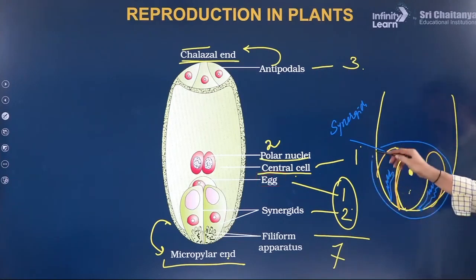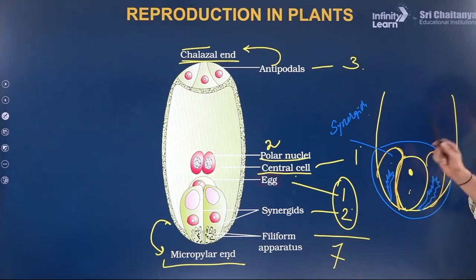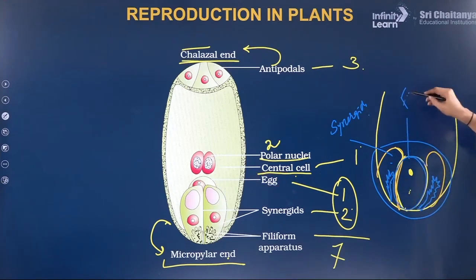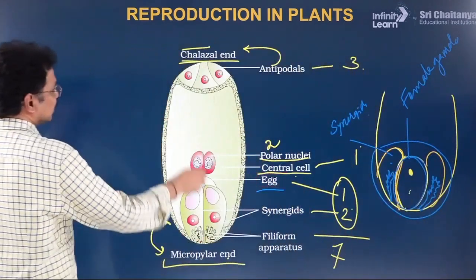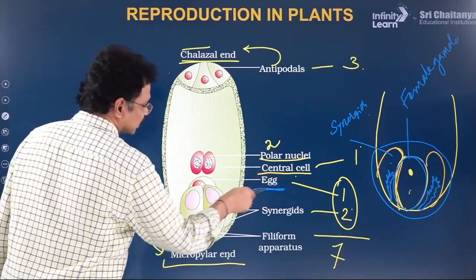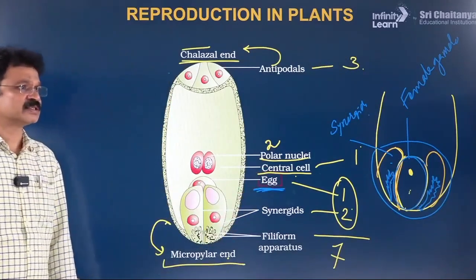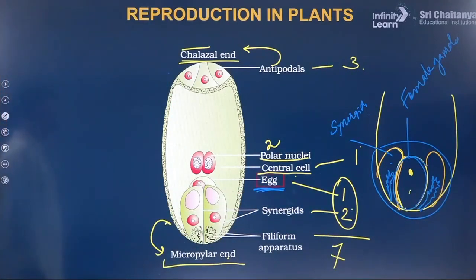These 3 cells are called egg apparatus. Within this egg apparatus, filiform apparatus is found in 2 cells, which are synergids. The cell without filiform apparatus is the egg cell. Another name of egg cell is the female gamete. Total how many eggs are present in the overall embryo sac? Single egg is present. Only 1 egg is present in the entire embryo sac.